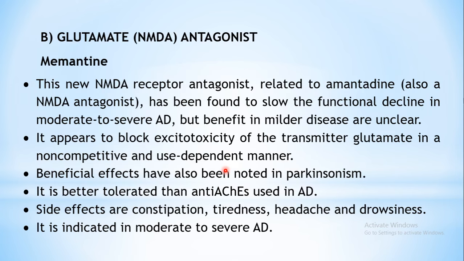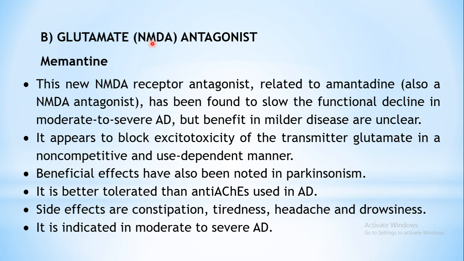Then coming to the next class, that is glutamate or NMDA antagonists. Only one example is given here, that is memantine. As the name implies, it acts by blocking the glutamate receptor, or NMDA receptor. We have seen this in earlier chapters, in the Parkinson's disease, the anti-Parkinsonian drug amantadine, right?